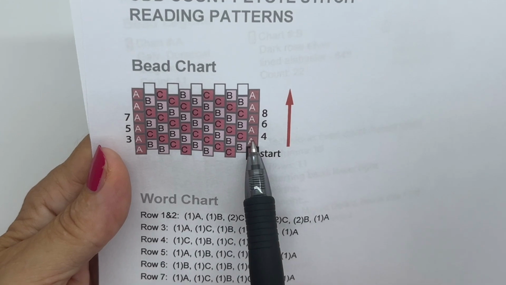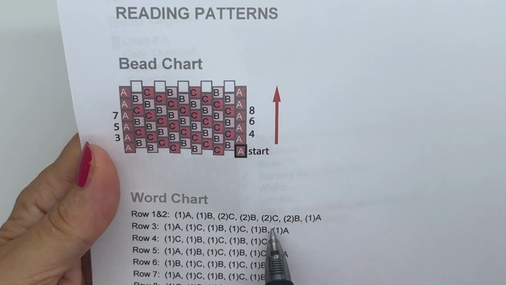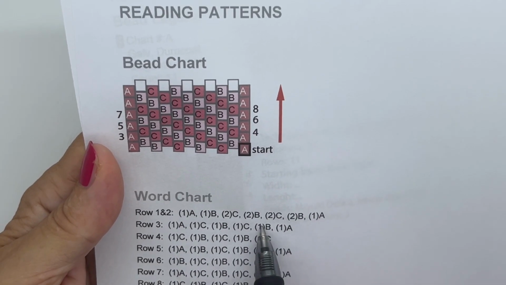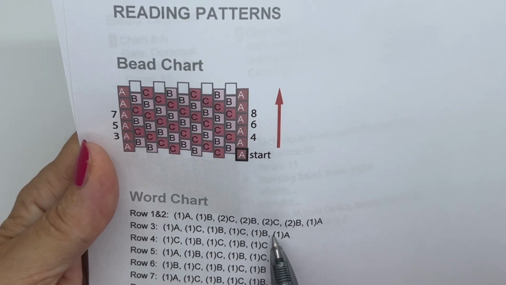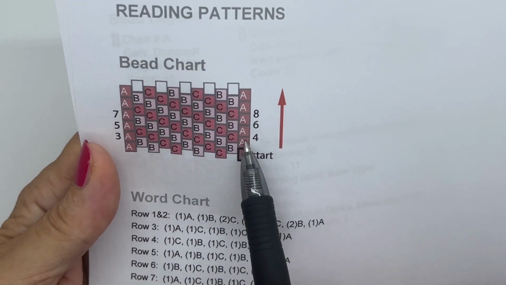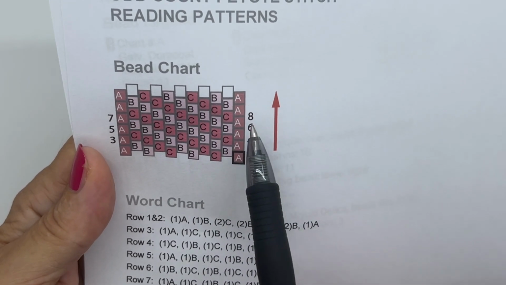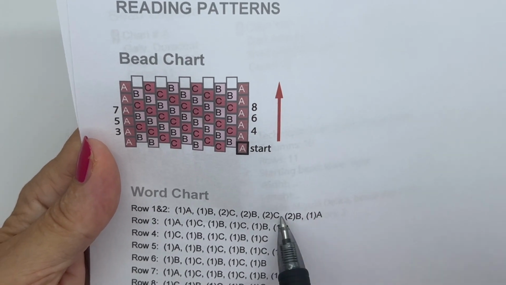That last bead is this one. So you read the pattern and add those beads, and the last bead you have to add is this one, so you have to take care. The turn will always be on this side.